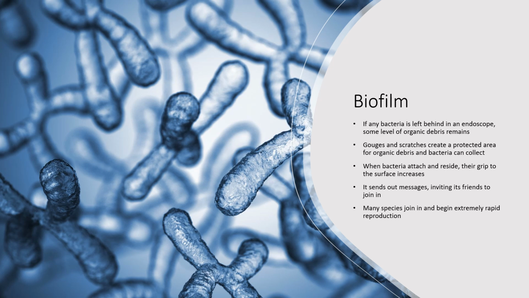So it moves very, very quickly and it leaves a protective gel over our instruments, which we cannot see, but it's very difficult for our enzymatics and our detergents to break down. So the presence of biofilm is always possible. That's why we need the reprocessing of the instruments to start as soon as possible after use.